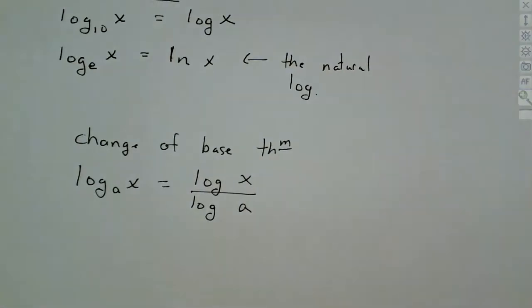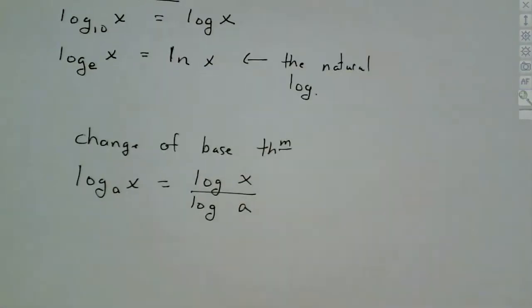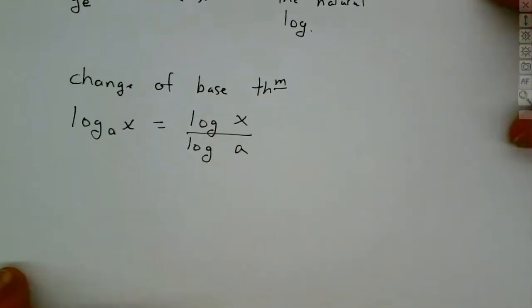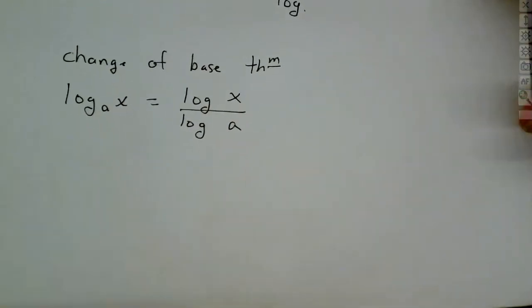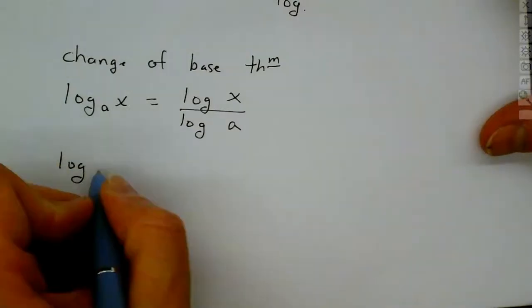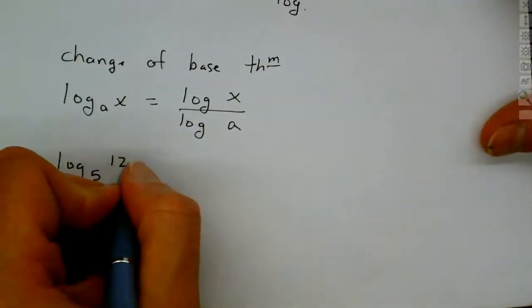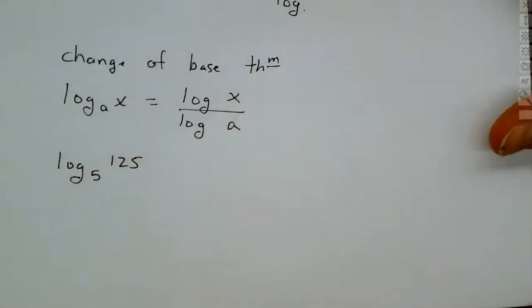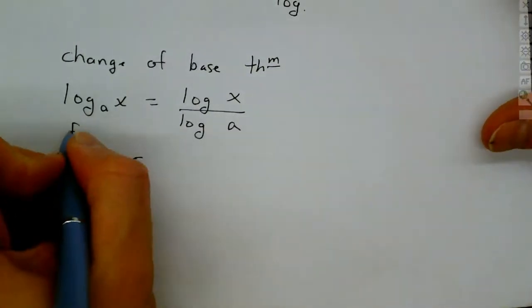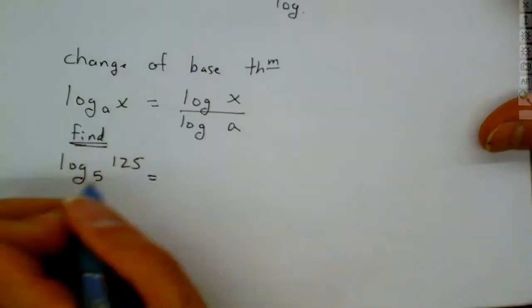They're the same, as long as whatever you use is consistent. So let's use the change of base theorem to evaluate some logarithms. So I want you to find this value. And we're going to be using the change of base theorem.